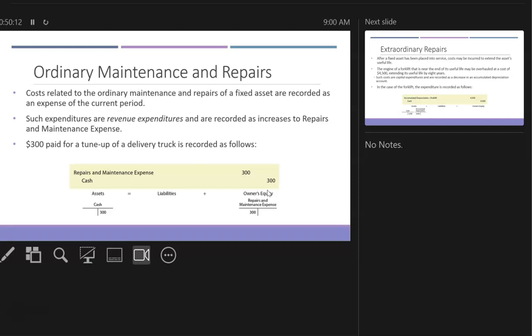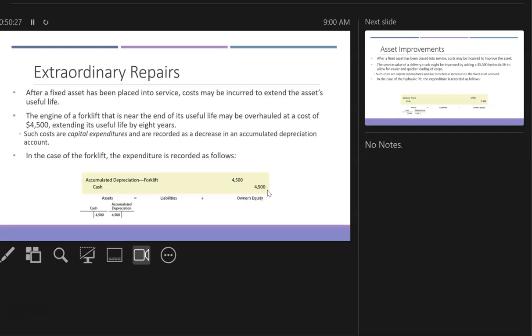Costs related to the ordinary maintenance and repairs of a fixed asset are expensed in the current period. $300 paid for a tune-up is repair and maintenance expense. Extraordinary repairs, after a fixed asset has been placed in service, can extend the asset.